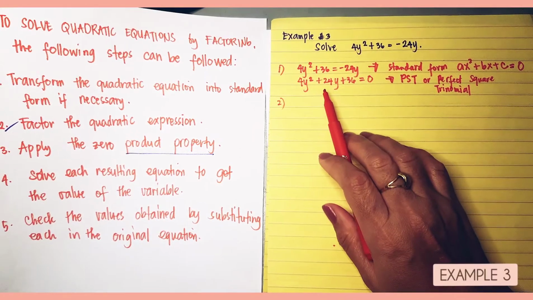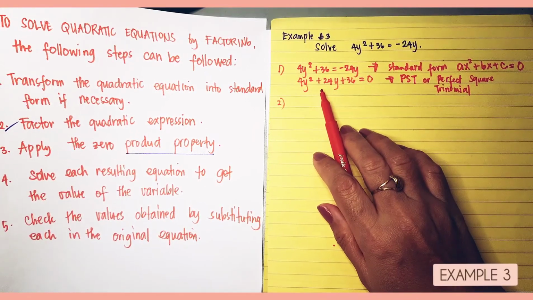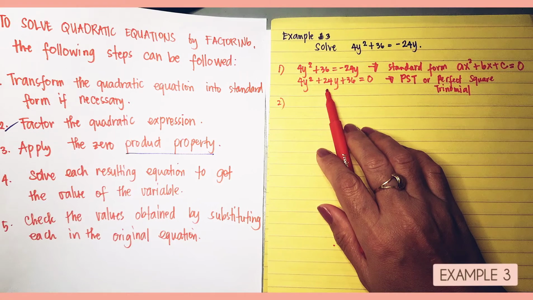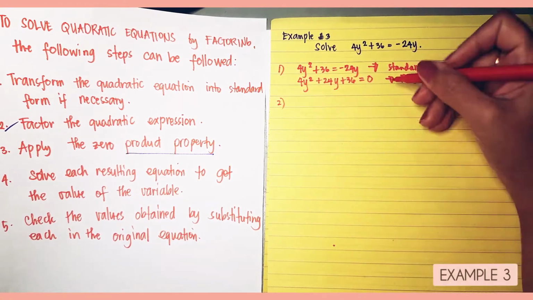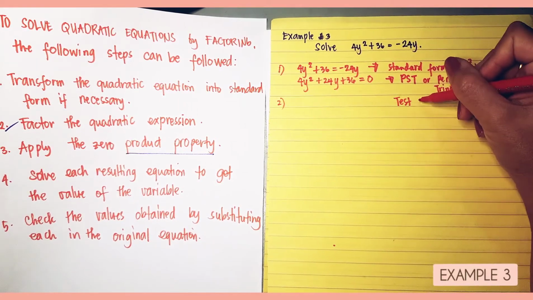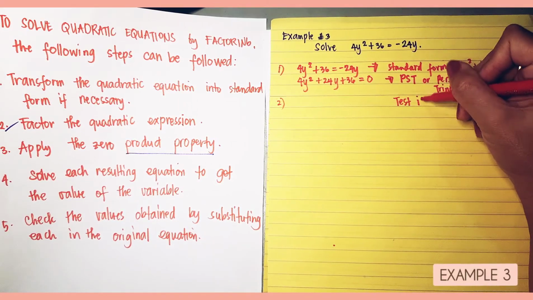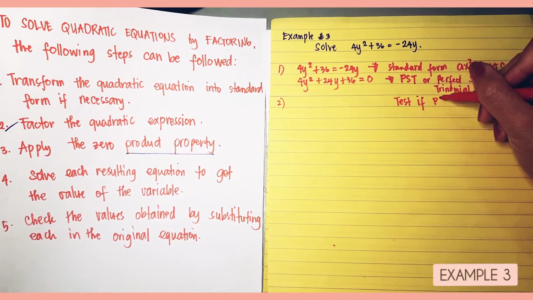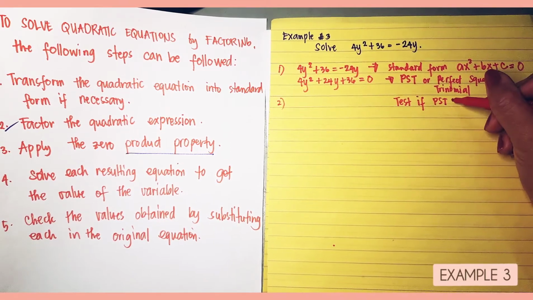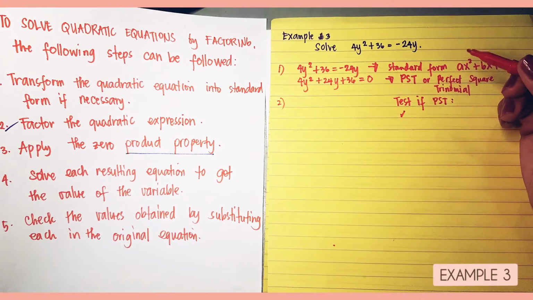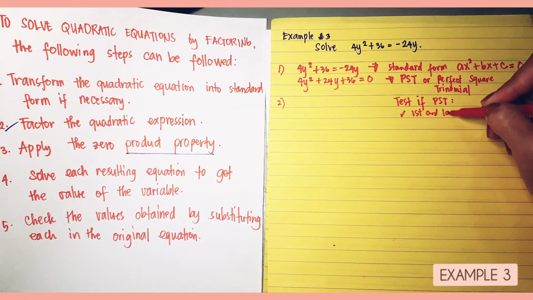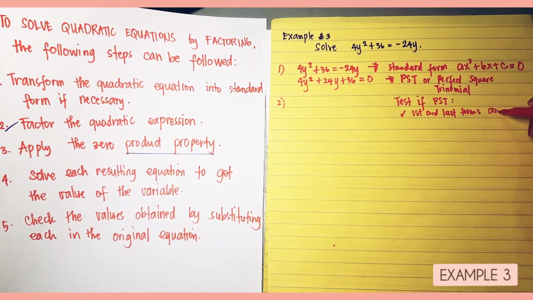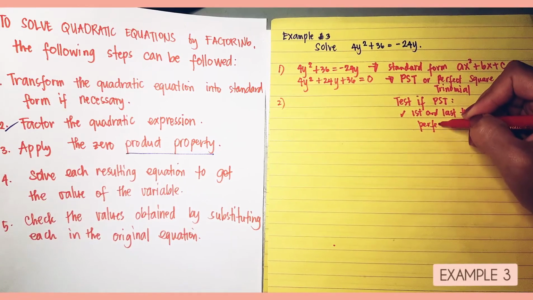And how are we able to identify if the trinomial is a perfect square trinomial? Now, these are the following steps to test if the given is a PST. Number 1, the first and the last terms are perfect squares.